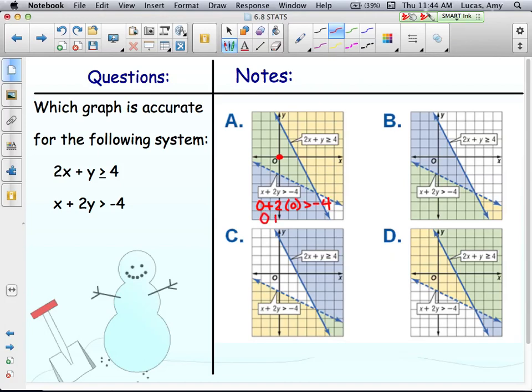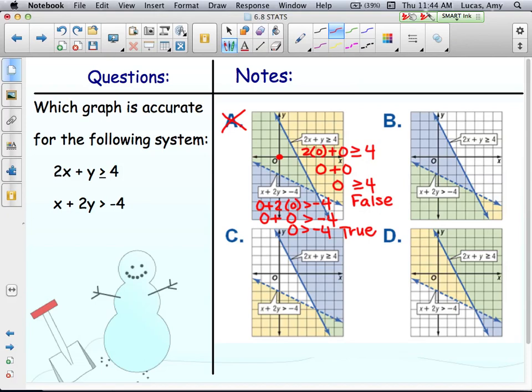So 0 plus 0 is greater than -4. 0 is greater than -4, that's true. 0 plus 0 is greater than or equal to 4. 0 plus 0 is 0. Is 0 greater than or equal to 4? No, that's false. So I know that letter A cannot be the correct answer. So it is not that region that should be shaded. So I will check another one.